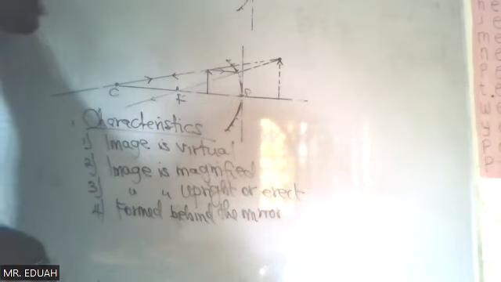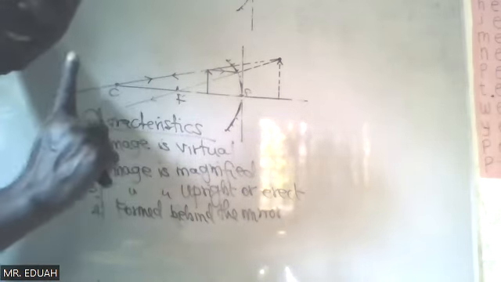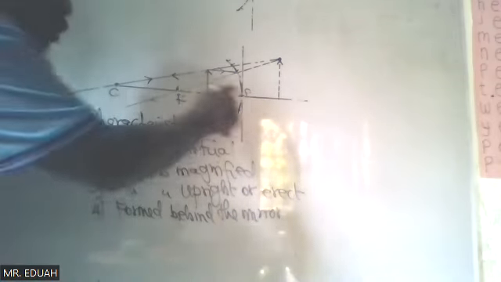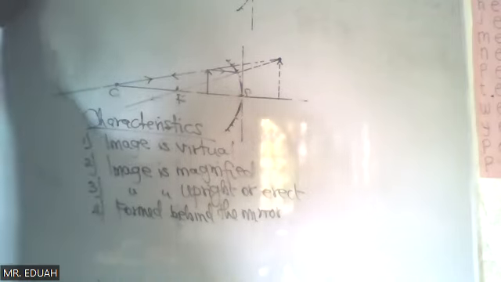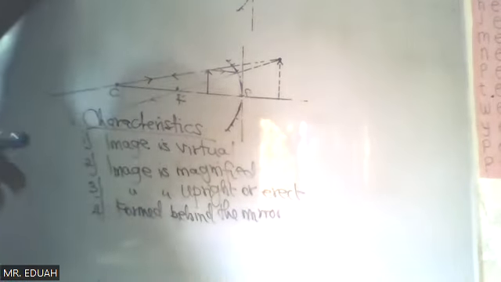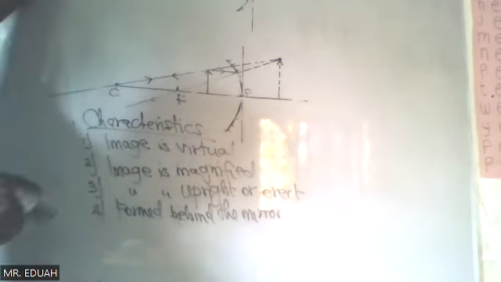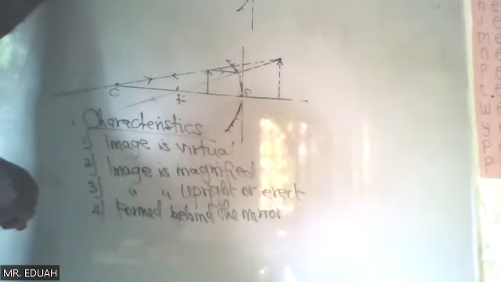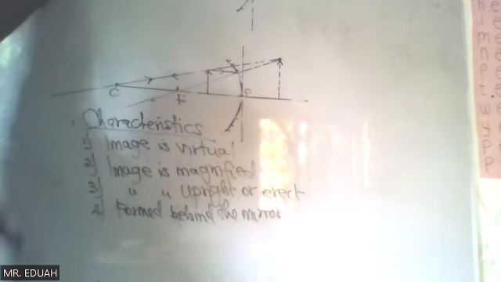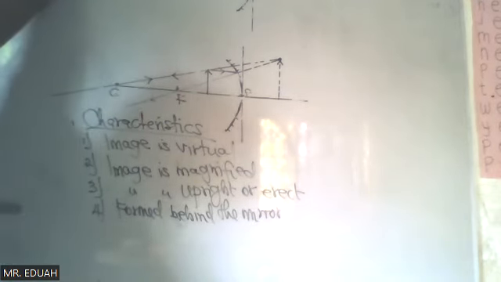But it could form a virtual image upon one position, that is, when the object is placed between the pole and the principal focus. That is the only situation where a concave mirror forms a virtual image. When the object is between the pole P and the principal focus. All other positions will be real.